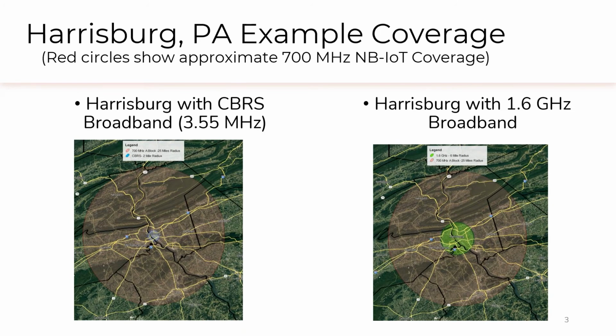We picked Harrisburg, Pennsylvania as an example location. It's not possible to get a complete sense of this, but the downtown is really pretty concentrated. Within about a 2-mile radius of the center of downtown, you cover the majority of the most urban area in Harrisburg. And you could do that, in our view, using CBRS frequencies, with a single tower within a 2-mile range.